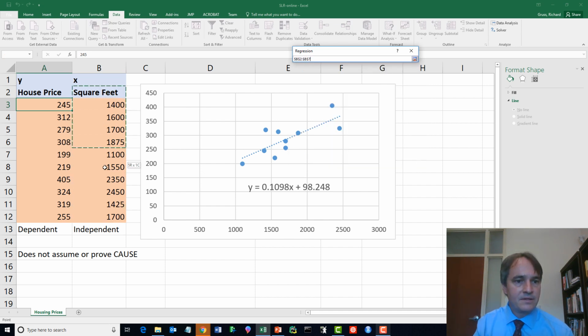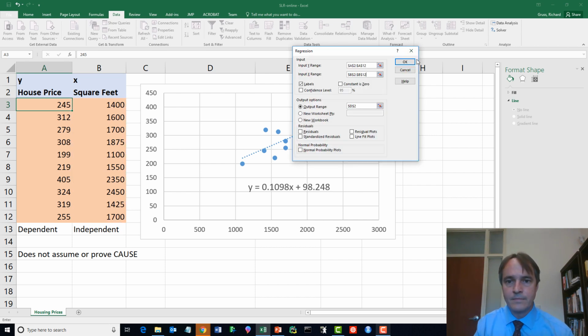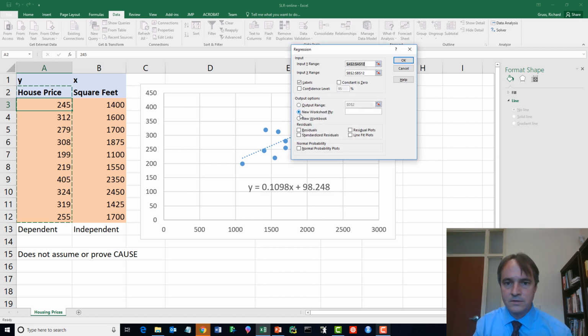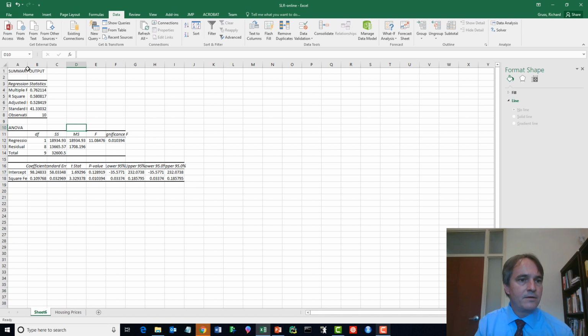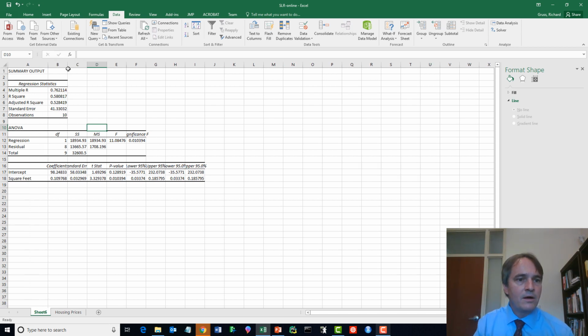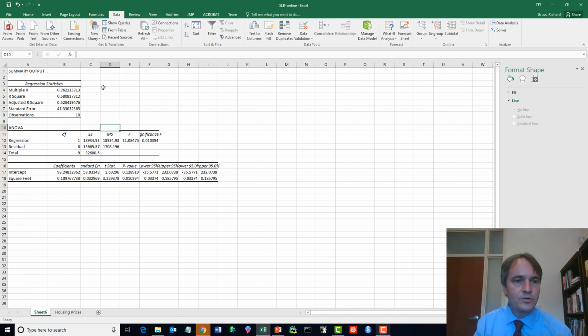Input X, so that's going to be this square foot column here. Let's go ahead and put the output in a new worksheet so that we'll have more room. Then I just click OK. All right, and there it is. Now, there's a lot on here. I'm going to show you that we're only going to use a little bit of this today.